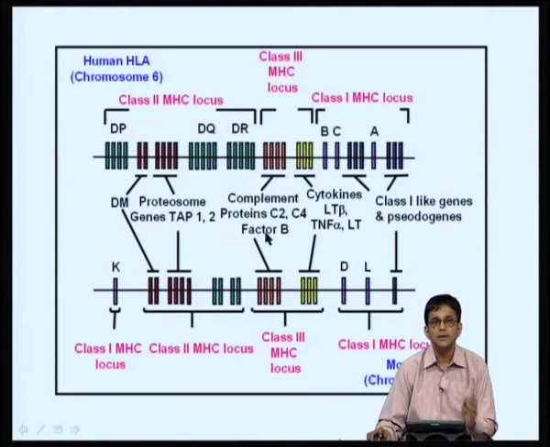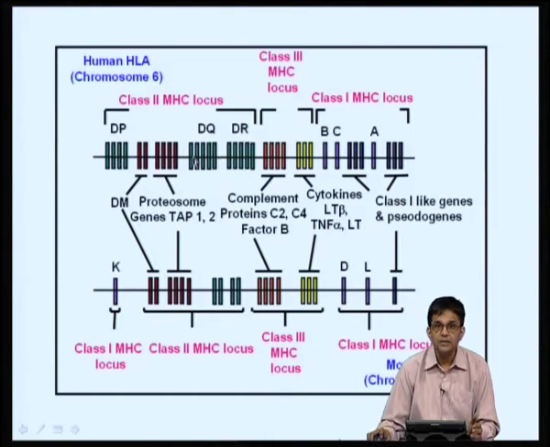Now, this is a depiction of the MHC loci. This is the human HLA, and you can see DP. DP is MHC class 2: DP, DQ, DR. Between DP and DQ, you can see DM, the proteasome genes and TAP1, which we will be discussing in the next classes.